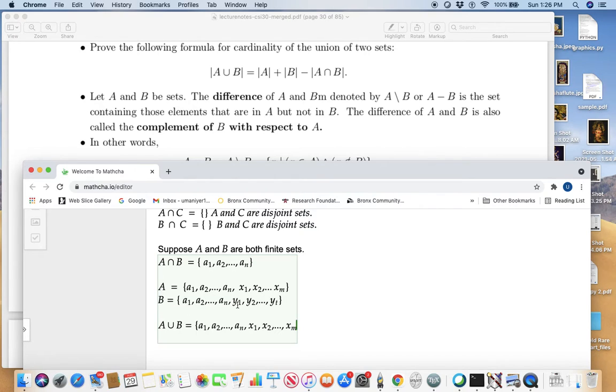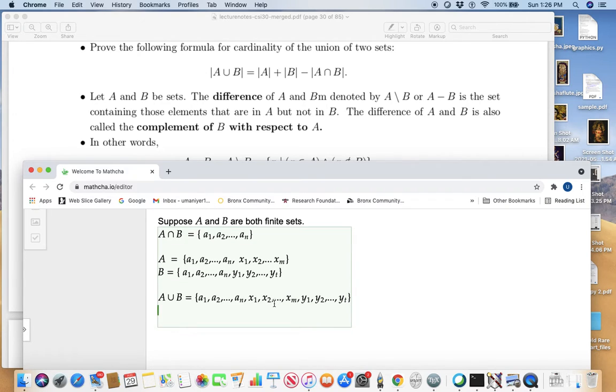We missed out the elements which are only in B. So what does this tell us? Cardinality of A union B is n plus m plus t. What is cardinality of A? n plus m. What is cardinality of B? n plus t.